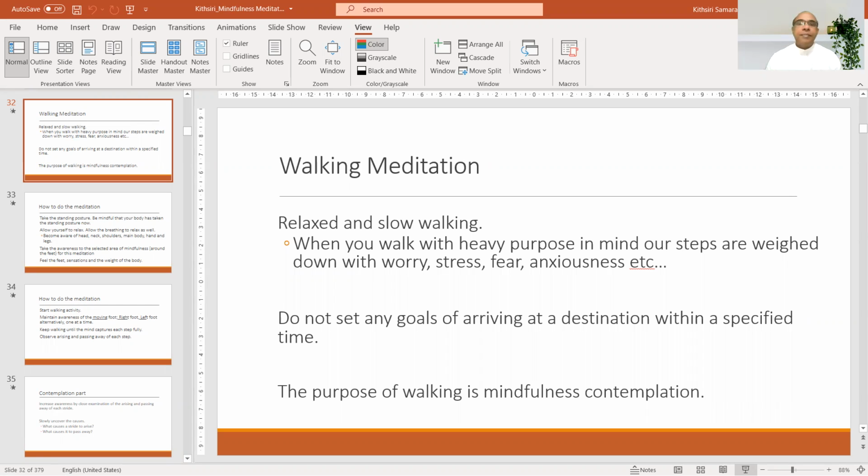So if that awareness is there when you are moving the right foot or left foot, then it is closely being monitored now. Very close awareness, which is what I mentioned here. Close examination of arising and passing away means you are aware of the reasons for the foot movement to arise, and also you are aware of the reasons or absence of the reasons by the end of the foot movement.